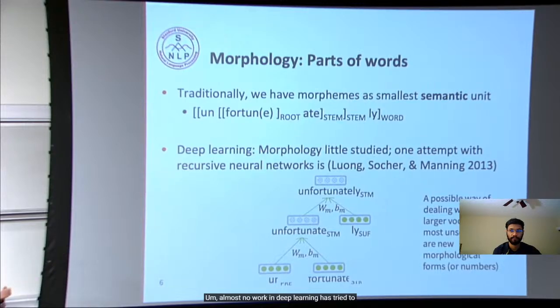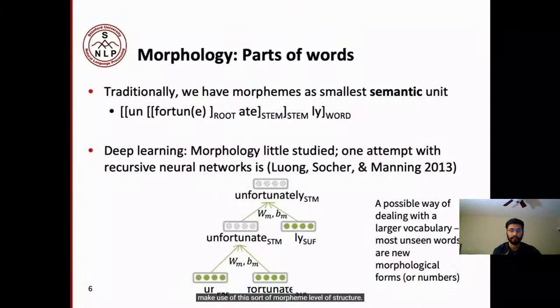Almost no work in deep learning has tried to make use of this morpheme level of structure. Actually, a couple of students and I, 6 years ago, did try to build a system with tree-structured neural networks that put together meanings of words out of their pieces. But that really isn't an idea that's taken off widely.